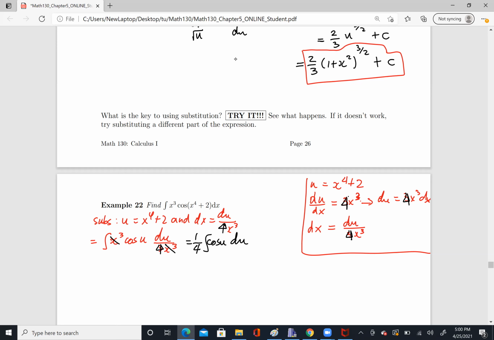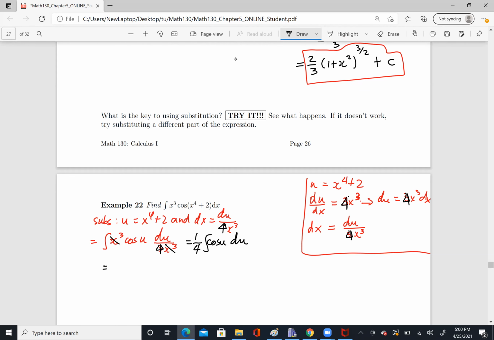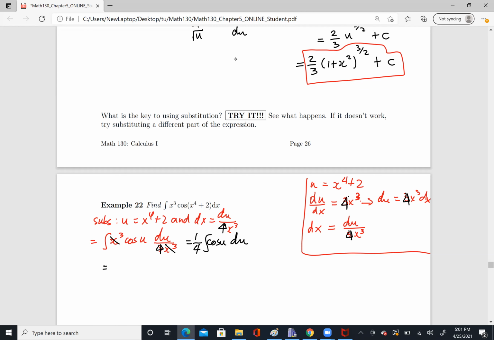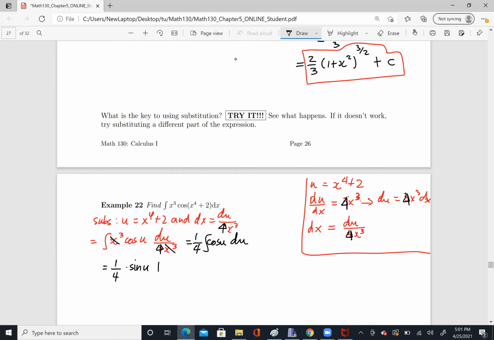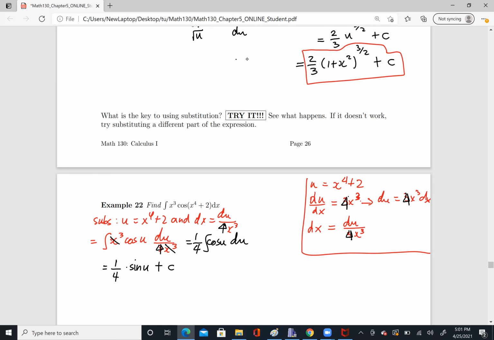So now you will take the integral of cosine u. That's going to be an easy one, and it gives us 1/4 times sine of u plus c, because this is a general integral, so you have to add plus c.